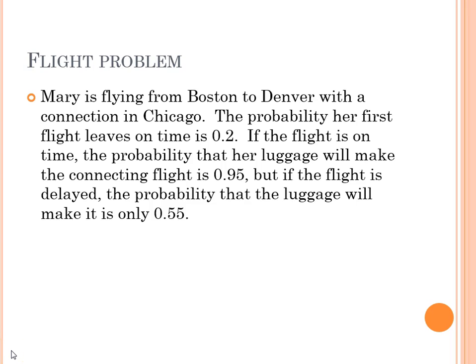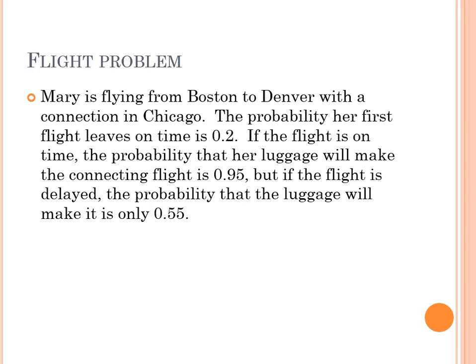Now let me show you how to create a tree diagram from a word problem. Here we have Mary flying from Boston to Denver with a connection in Chicago. The probability that her flight leaves on time is really small at 0.2. The next set of events is going to tell us whether or not her luggage is going to make it.